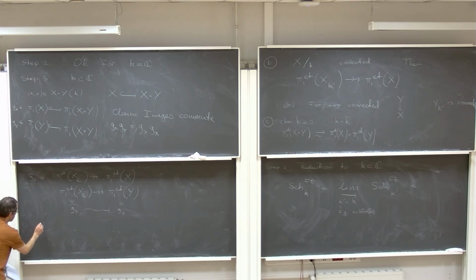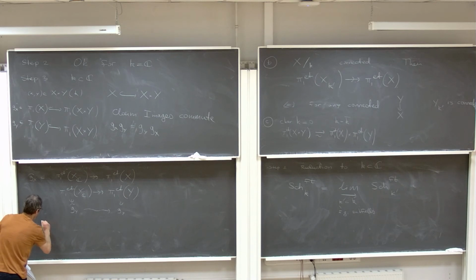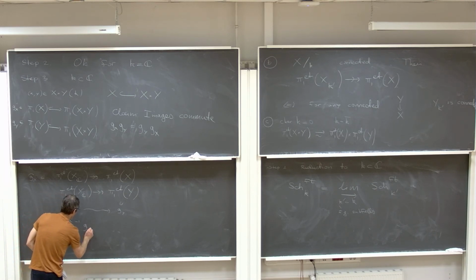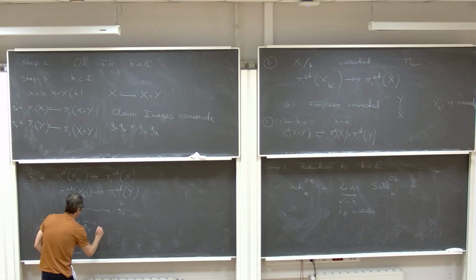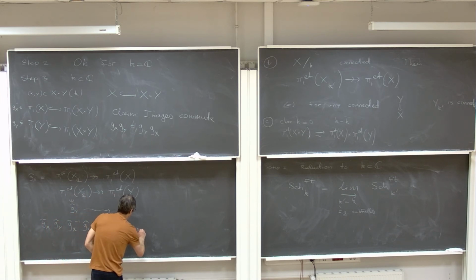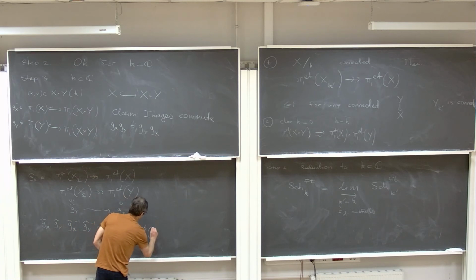Then you know that gx tilde gy tilde gx tilde inverse gy tilde inverse is 1 in pi1 étale of X_C times Y_C.